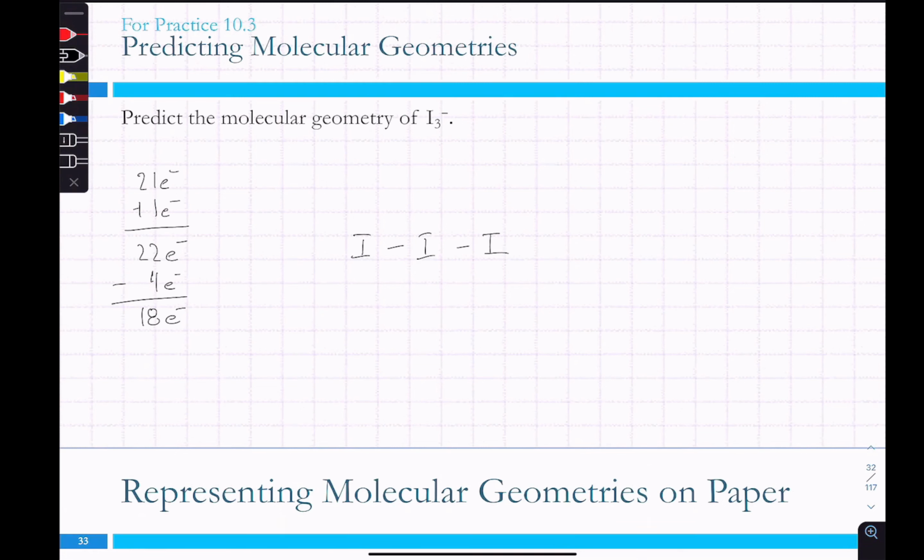And then we can place our remaining electrons. 2, 4, 6, 8, 10, 12, 14, 16, 18. Did a bad job of counting. I always end up skipping something when I'm counting by twos.